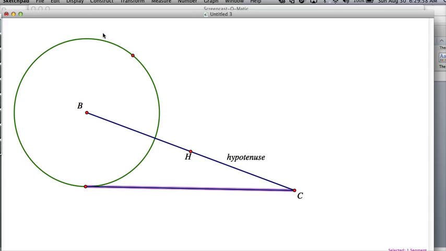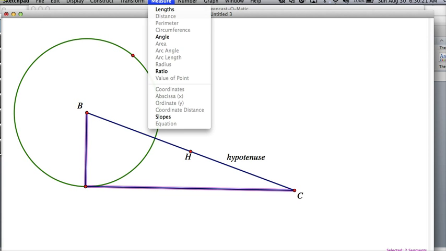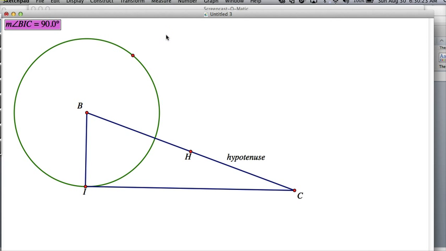Now to test and actually see if it is a tangent, and to show students that it actually is, I'm going to make the segment from B to the point of tangency, so the radius to the point of tangency. As we know, that angle there should be a 90-degree angle, so I can measure it. And sure enough, that angle is exactly 90 degrees.